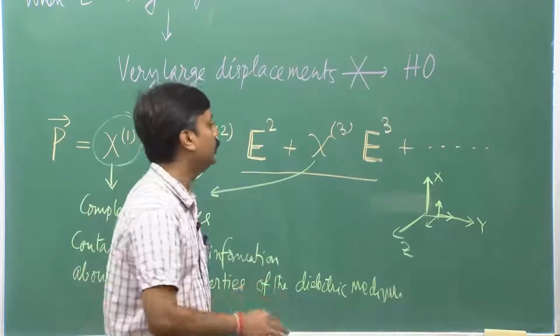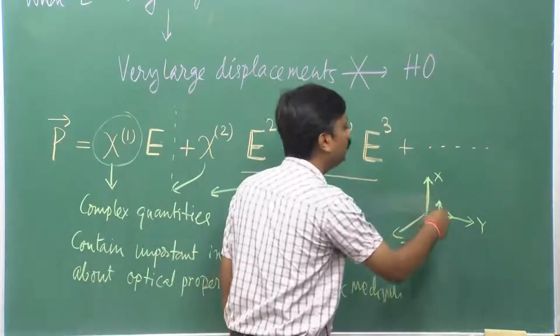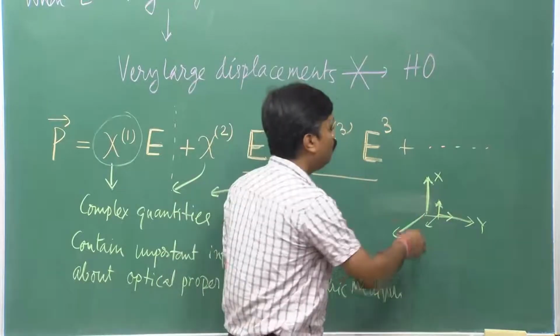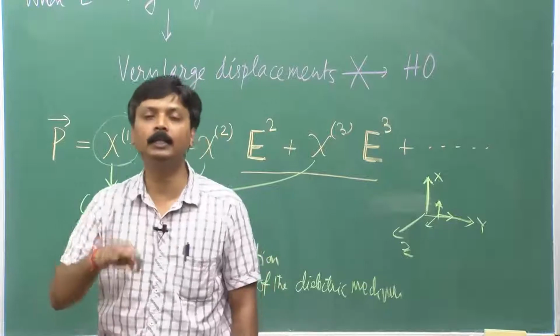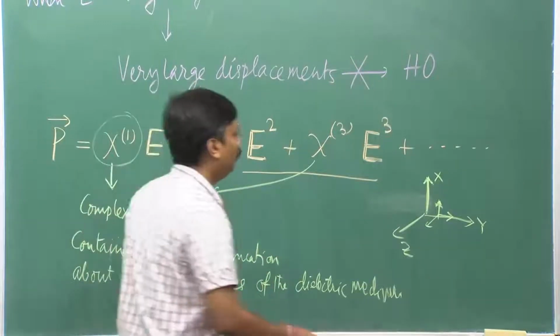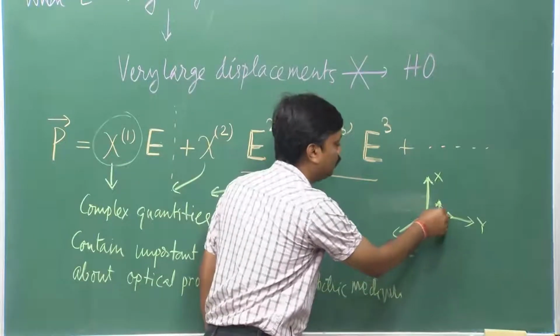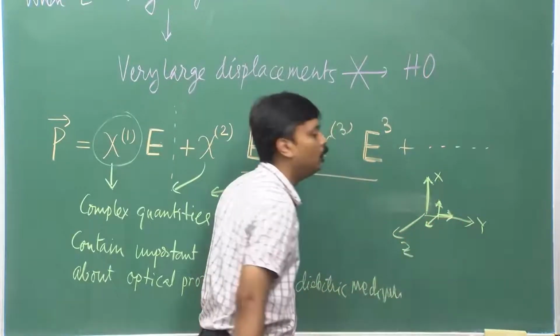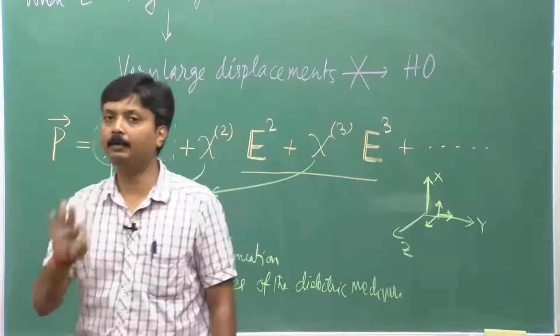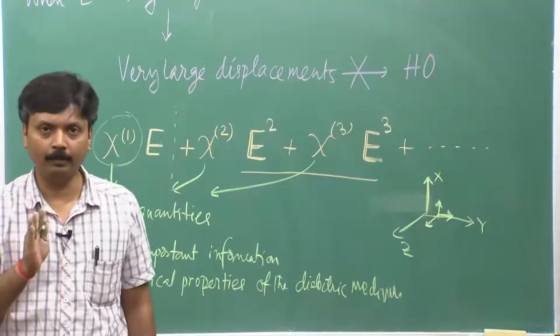Those neighboring molecules and their molecular field will also dictate how much polarization is created, how much electron oscillation will take place in this direction or in this direction, which are definitely not the same direction as that of the incident field.